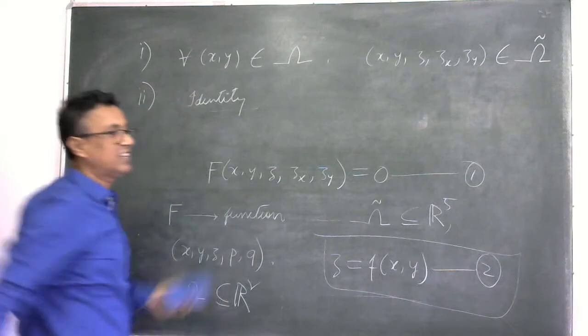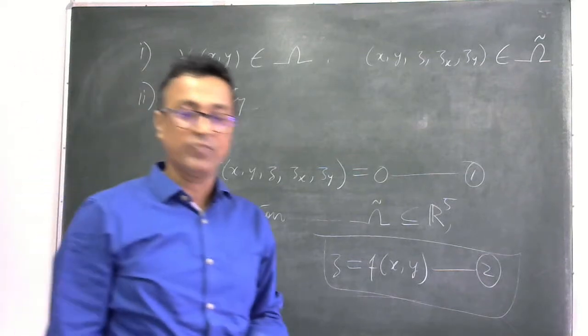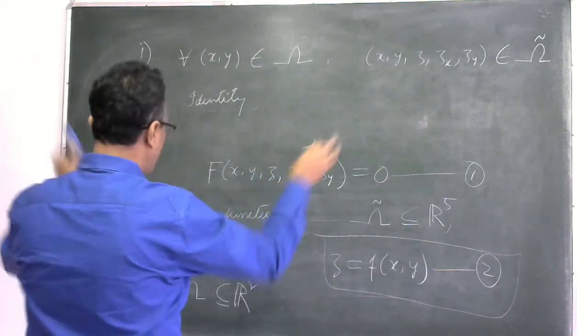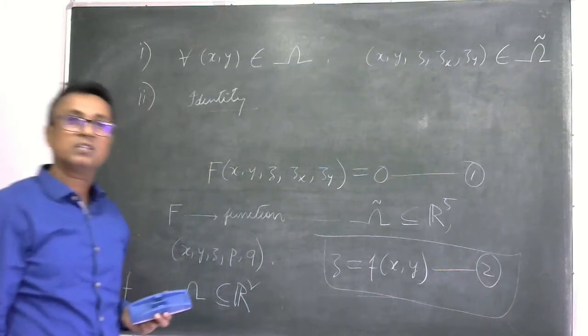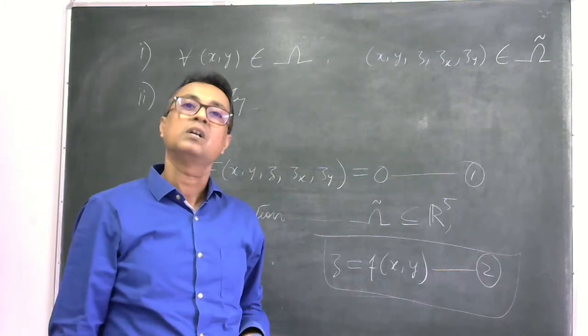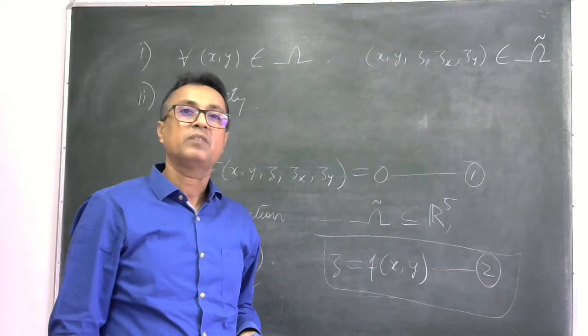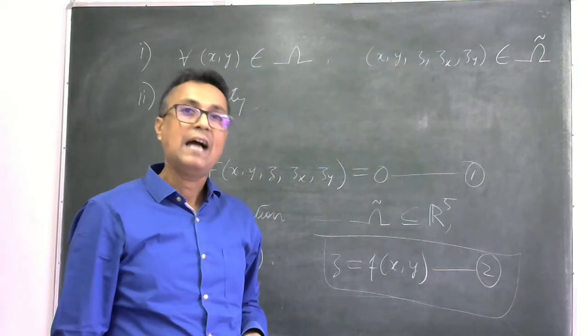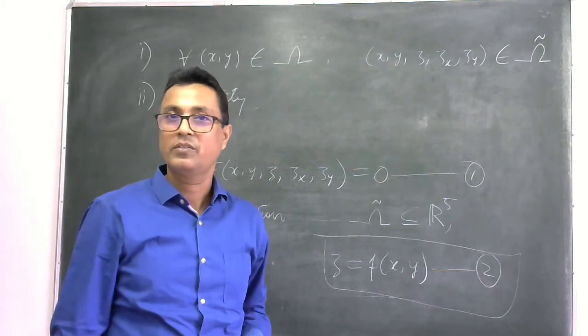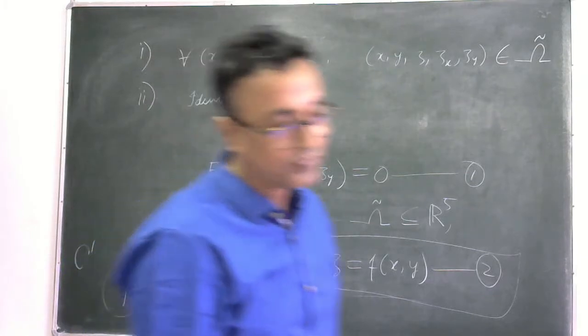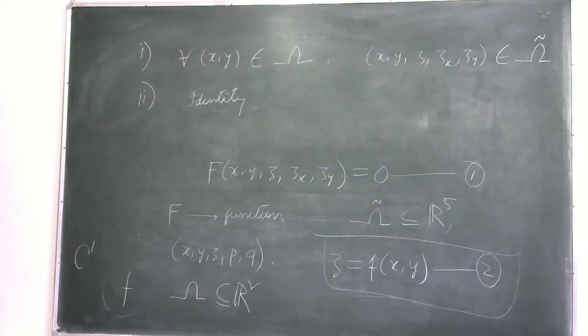I think they are to be expected, right? So this is the formal definition of a first order partial differential equation in two independent variables x, y, and a dependent variable z. Is it okay? Fine?